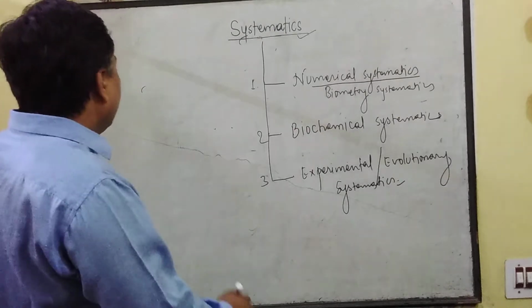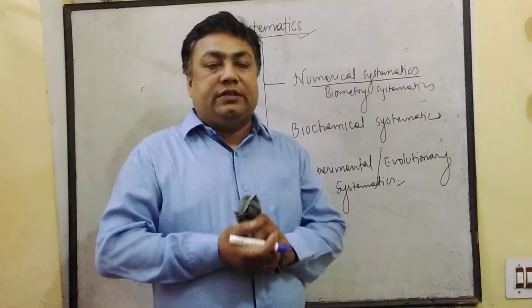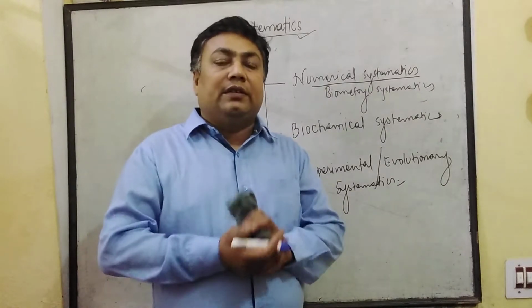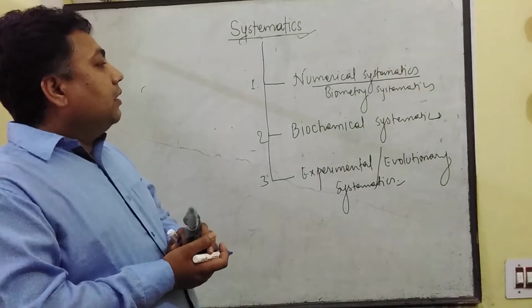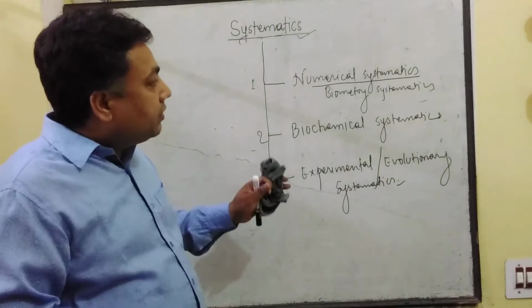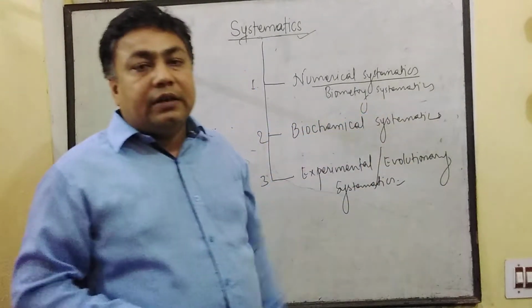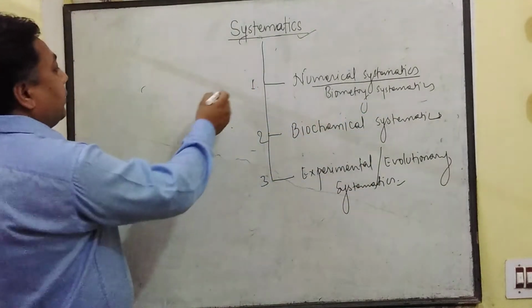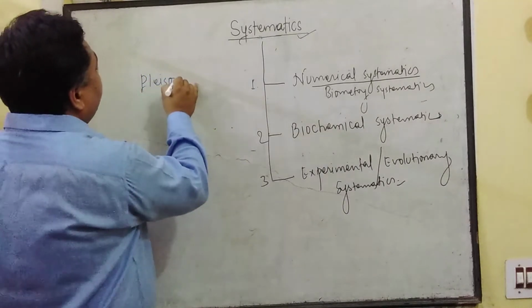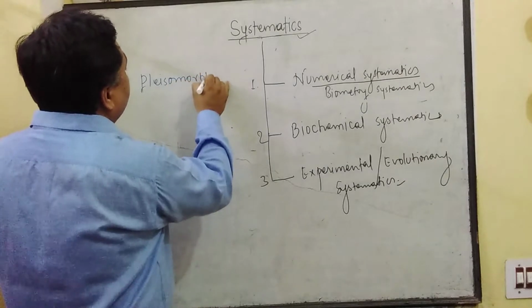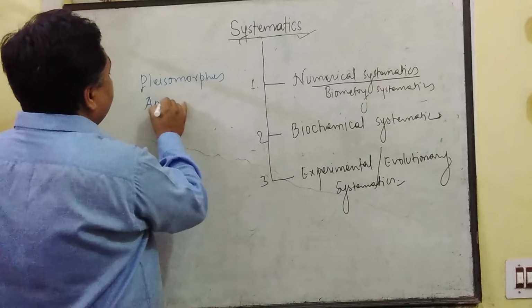So, numerical systematics is based upon biological and morphological characteristics, and keeps no differentiation between plesiomorphous and apomorphous characteristics.